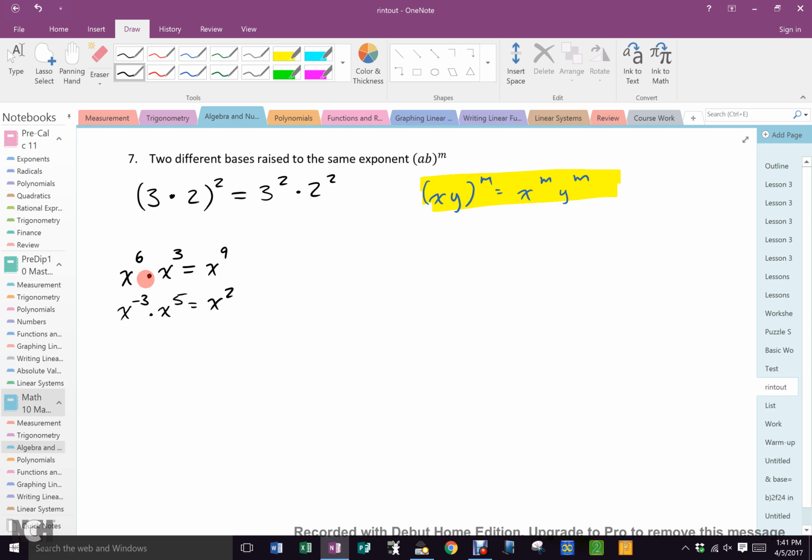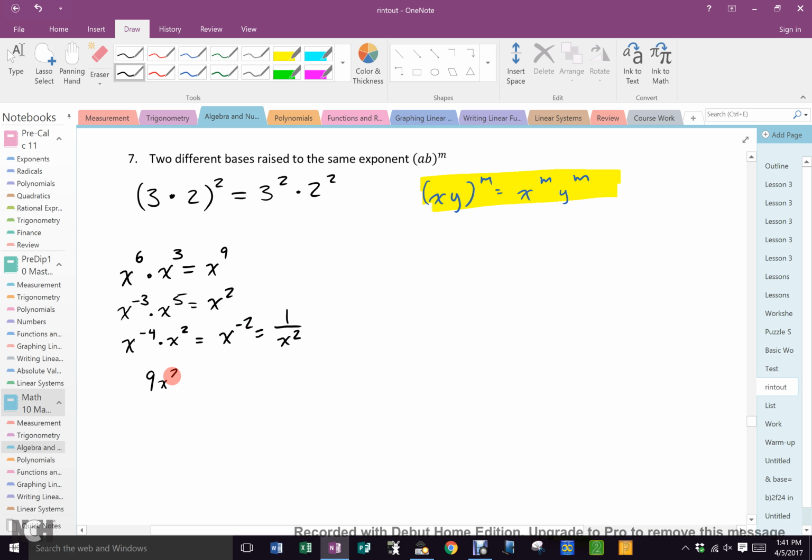All right, well, now let's change it. X to the negative 4 times x to the positive 2. What's that one? That would be x to the negative 2. Is that allowed? Then you do flippy flippy, and it's 1 over x squared. Everybody good? Okay.